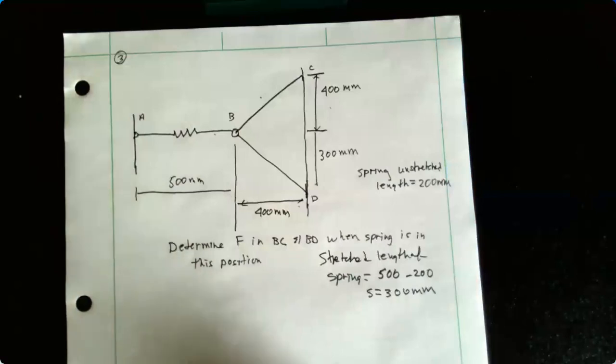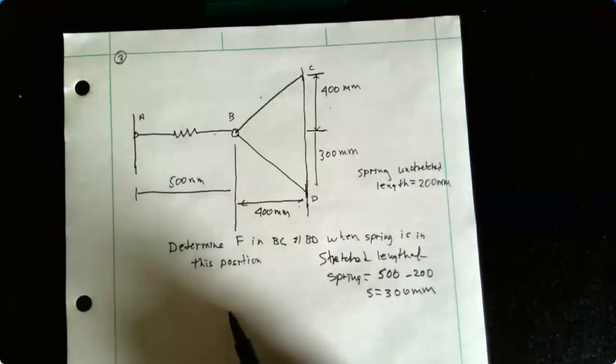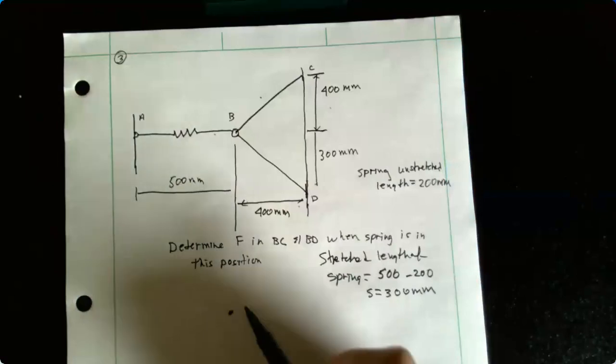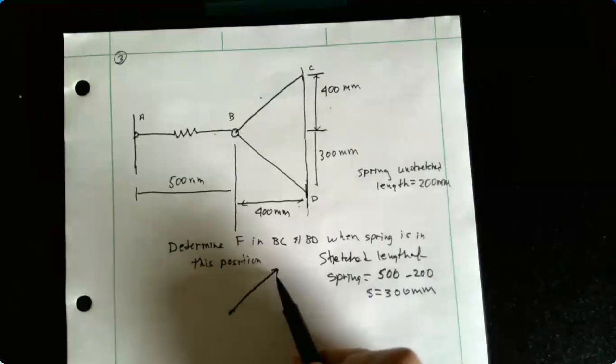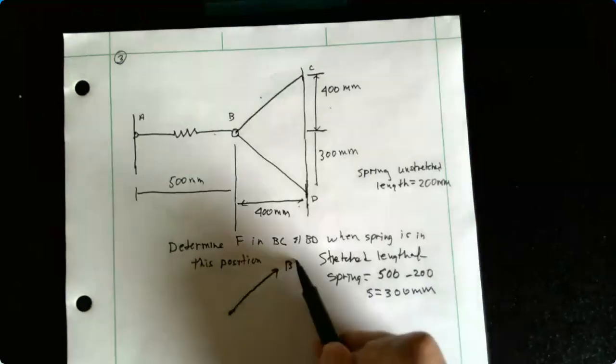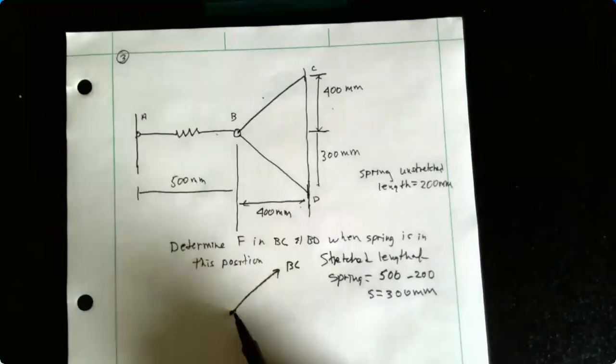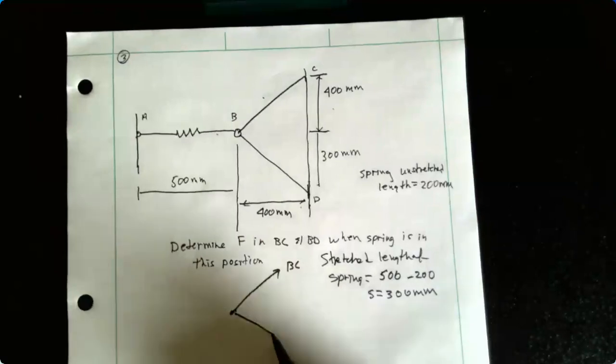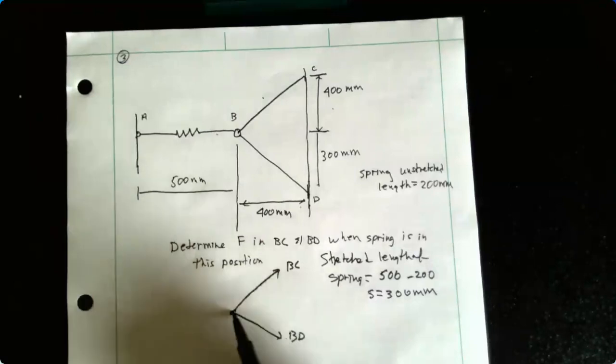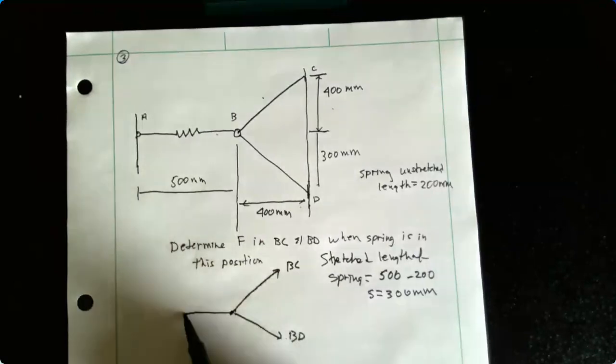So my free body diagram is going to look like this. This is BC. This is BD. And this will be the force in the spring.